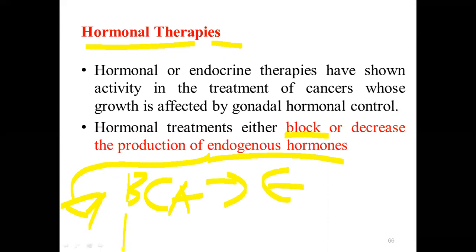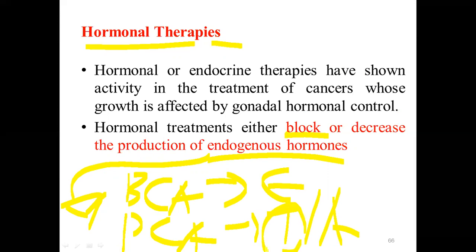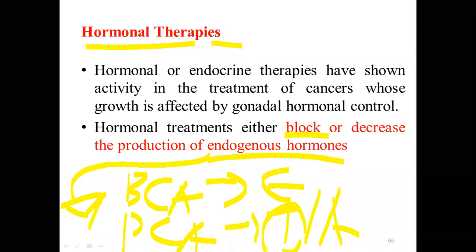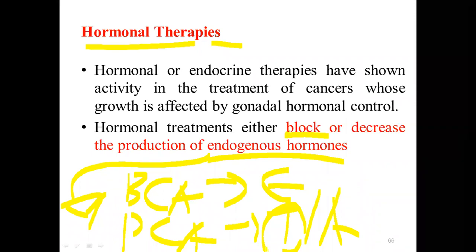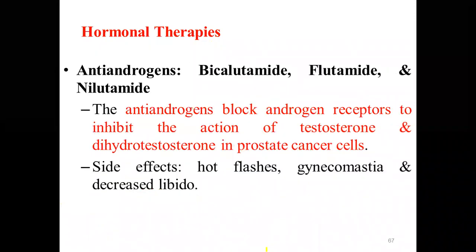In prostate cancer, the most common growth factor is androgen, and the most common androgen is testosterone. That is why some hormonal therapies target either blocking or reducing the production of the endogenous hormone. So this is the whole mechanism of action.